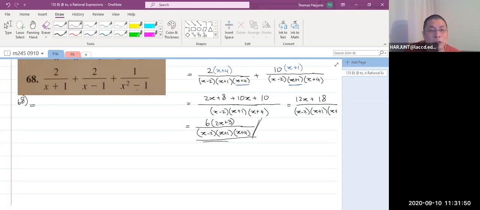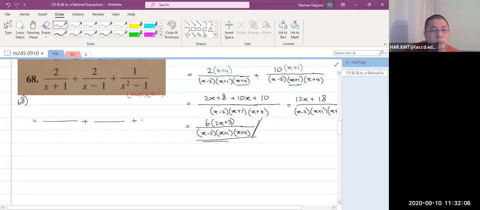This is x plus 1, x minus 1. So what will the LCD be? What's the LCD?